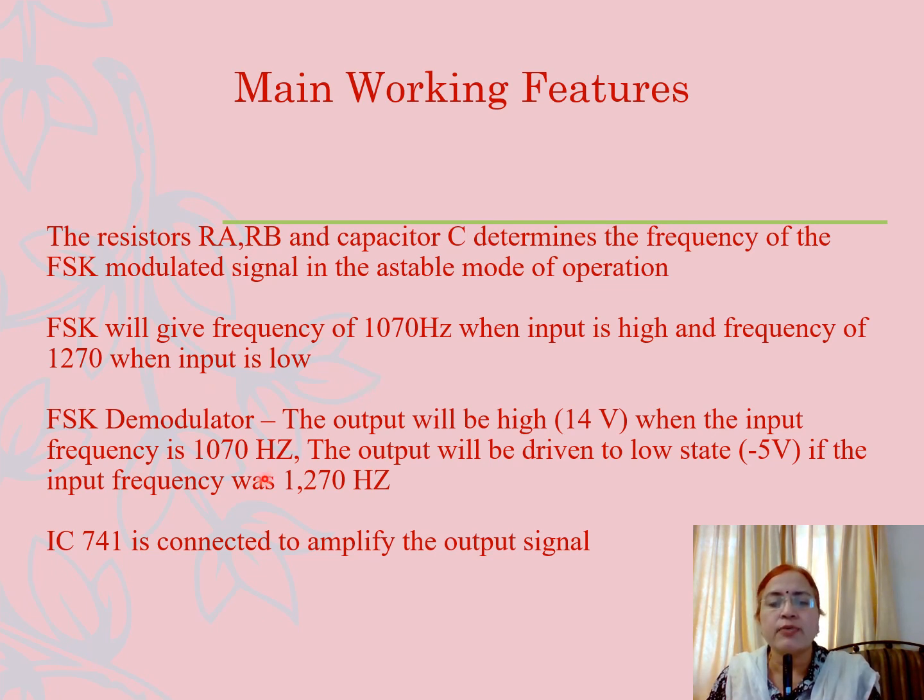The output of the FSK demodulator will be high, that is 14 volt, when the input frequency is 1070 Hz. The output will be driven to a low state, that is minus 5 volt, if the input frequency is 1270 Hz. IC 741 is connected to amplify the output signal.